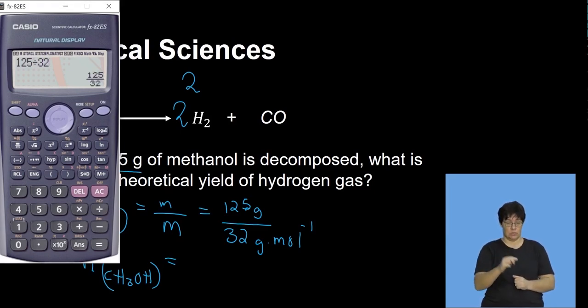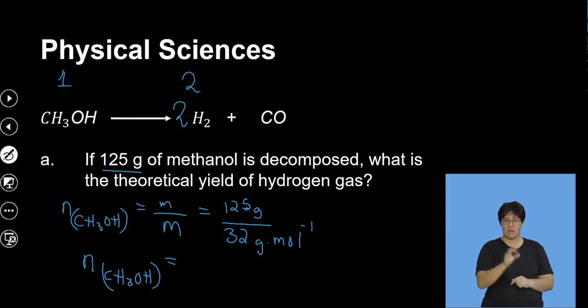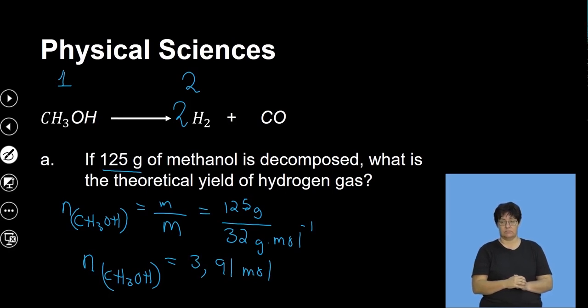This gives us, as a decimal fraction, 3,91. So how many moles of methanol are present in the 125 gram sample? It's 3,91 moles, okay?